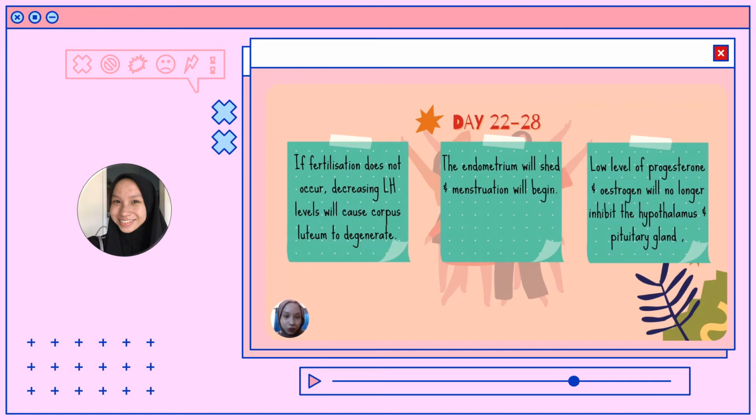On the days between the 22nd and the last day of a menstrual cycle, if fertilization does not occur, the decreasing LH levels will cause the corpus luteum to degenerate. So this will stop the secretion of estrogen and progesterone, because remember, in the beginning, the corpus luteum secretes estrogen and progesterone.